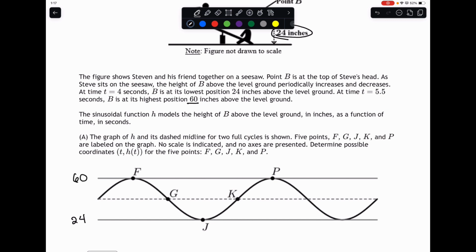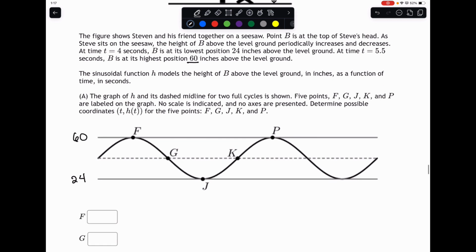So that's going to be 60. To figure out the midline, we simply add these two values together, which equals 84, and divide by 2, which is 42. So 24 plus 60 divided by 2 tells me that my midline is at 42. So there, I have all the y values.